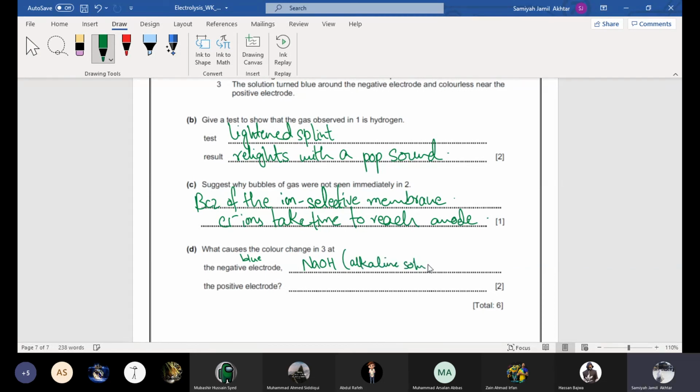And at the positive electrode, because of the presence of only ions. You can write the presence of NaOH and the presence of ions. That is why they are different colors on these sides.